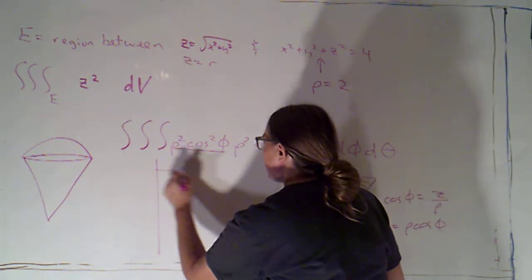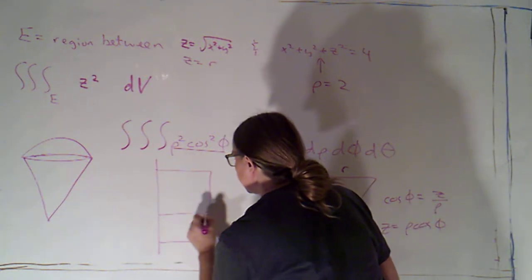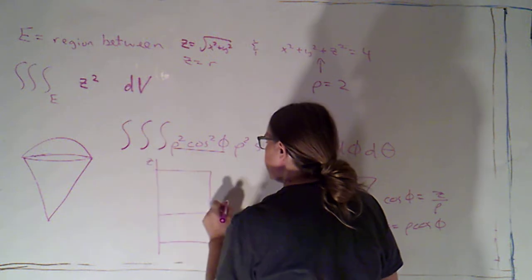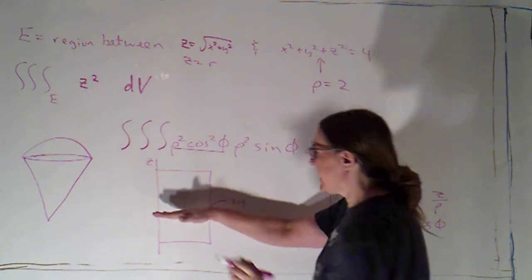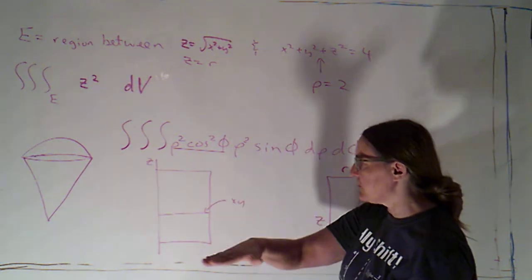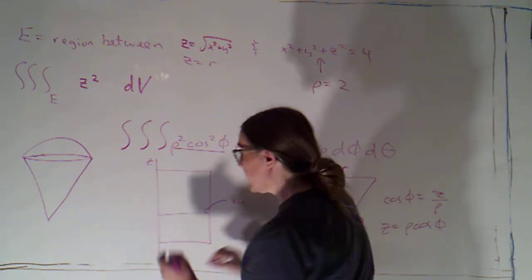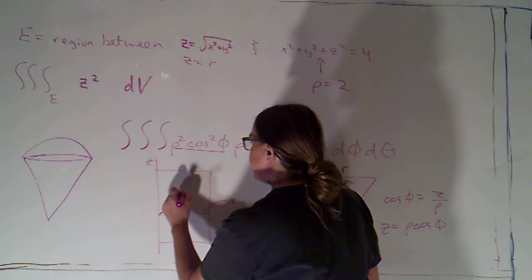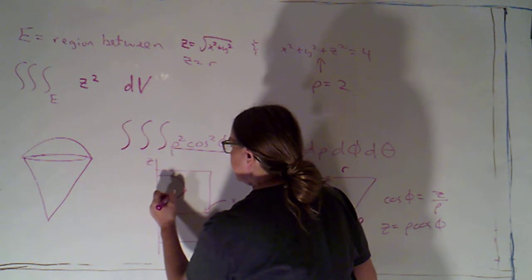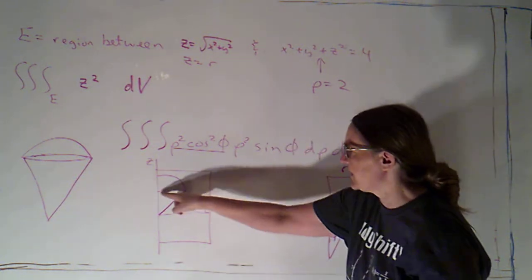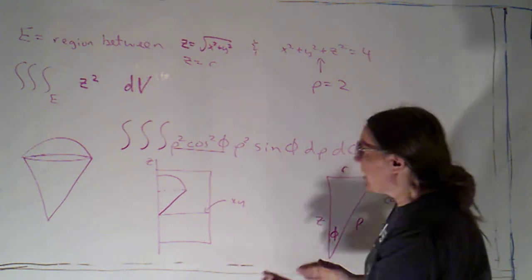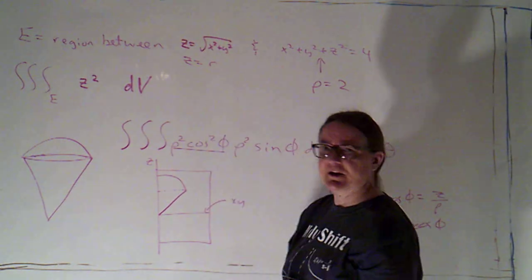I like to draw myself what I see in a constant theta half plane, where there's the z-axis, there's the xy plane, which is understood that it's coming out of the board like so. And what I'm going to see is this would be right here at the origin. So what I'm going to see in that half plane is something that looks like this. I've just drawn in that dotted line to show that's where the cone and the sphere meet.